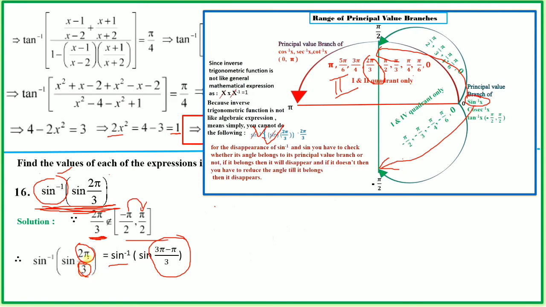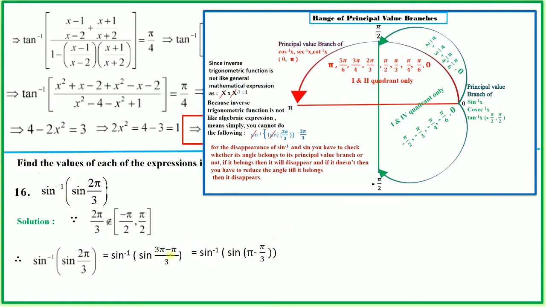So now 2π can be written as 3π minus π, maximum and minimum. Second condition, the coefficient of the first part must be divisible by the denominator. It is divisible, so our condition is fulfilled. So we take this: (3π − π) upon 3, breaking the numerator over the denominator.